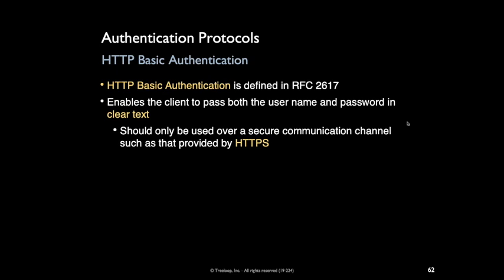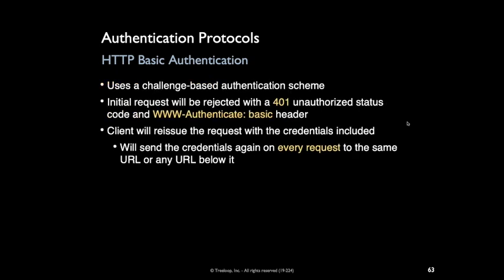Okay, cool. Now, the way it works is it's this challenge-based authentication scheme. So somebody goes to make a request, and this works really well for web services, but let's talk about just a regular website first. So let's say I have a website, I go into IIS, and I just turn on basic authentication for my website. Boom, right?